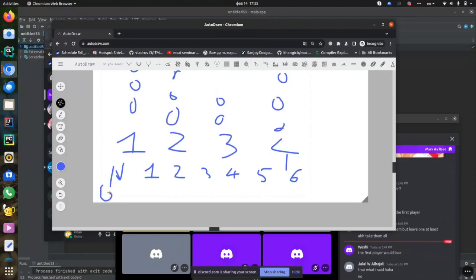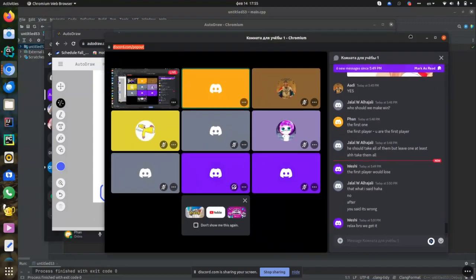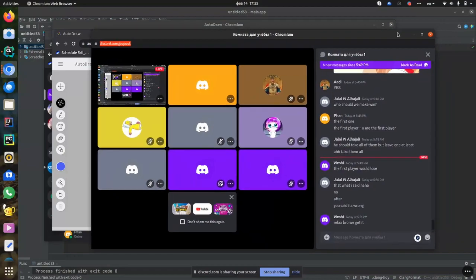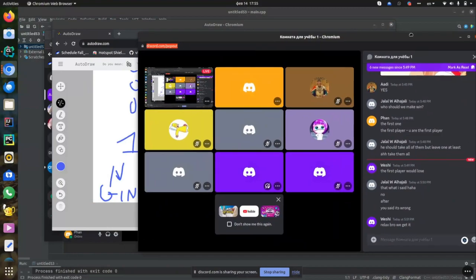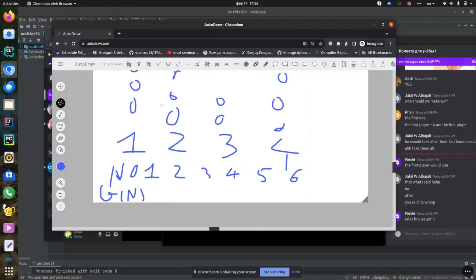Can you calculate the Grundy numbers for each of these values? I think we already know how to calculate the Grundy values, because Ramazan just told you about that. Can anybody tell me what the Grundy value is for zero? I think you should write zero here first because it's important.